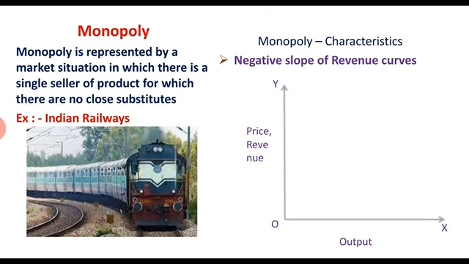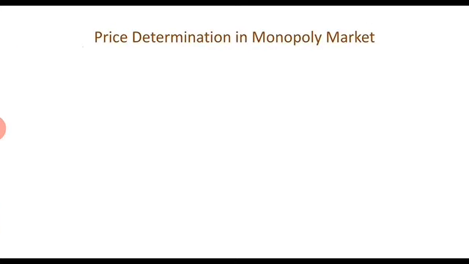Price and revenue are shown on the y-axis. AR curve is the average revenue curve. MR curve is the marginal revenue curve. These curves have a downward slope or negative slope.